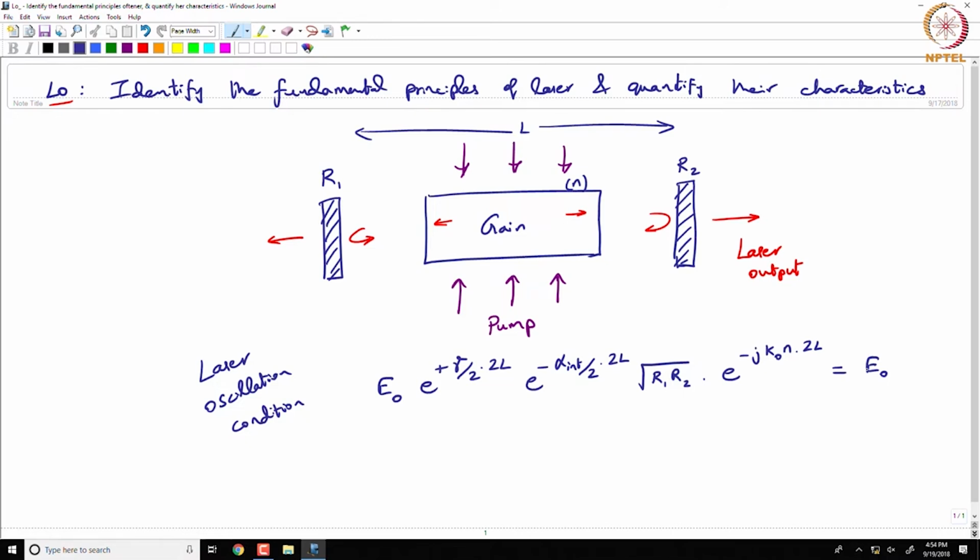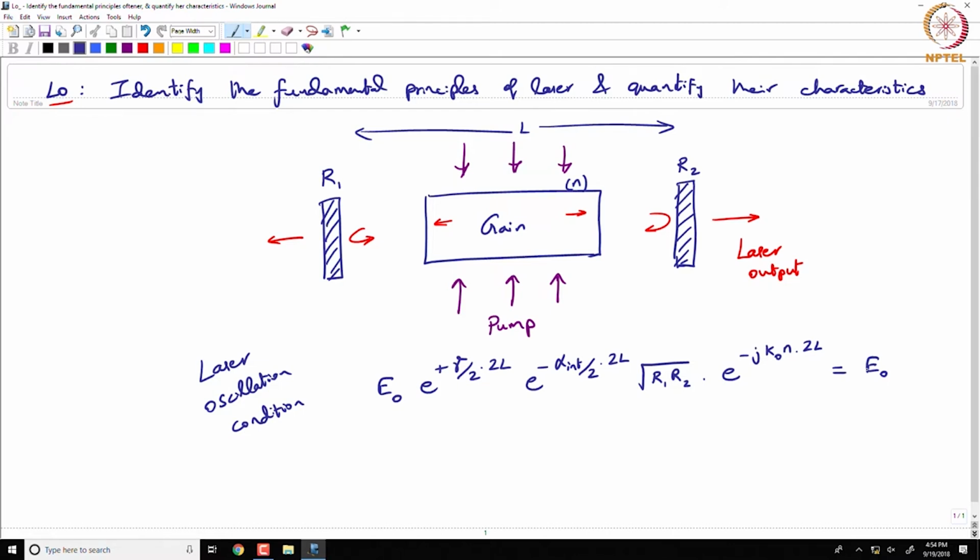So we are accounting for the losses because of the finite reflectivity. The question is, how is this then equal to that? That is the condition we want to achieve. We want to say that it is actually sustaining the fields. You can call that the threshold condition, where the loss is met by the gain. So the question is, why should it be E naught?